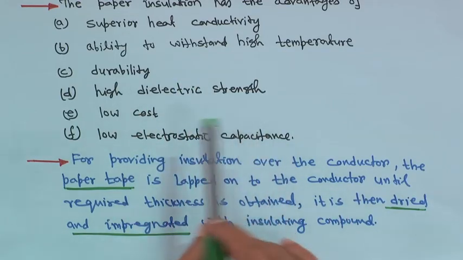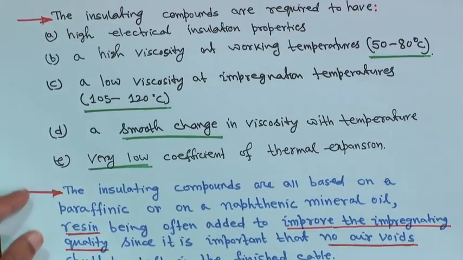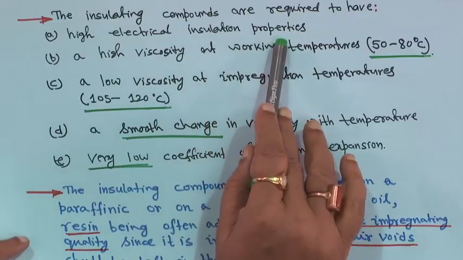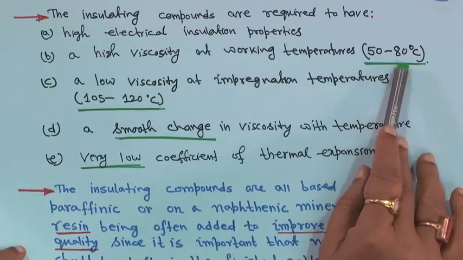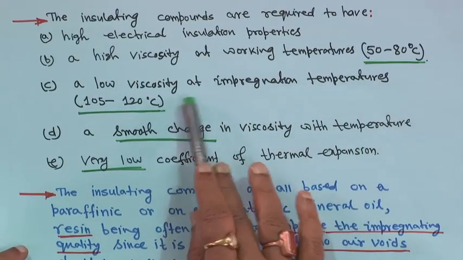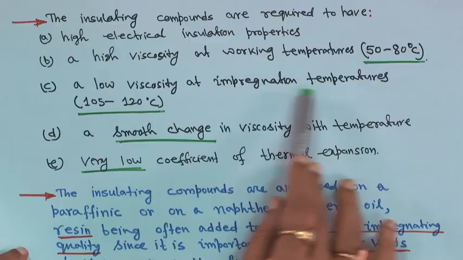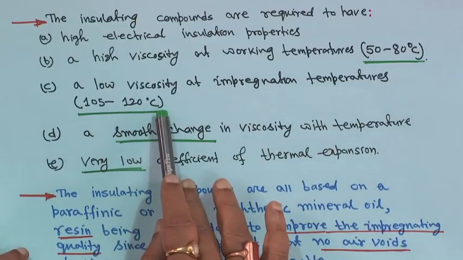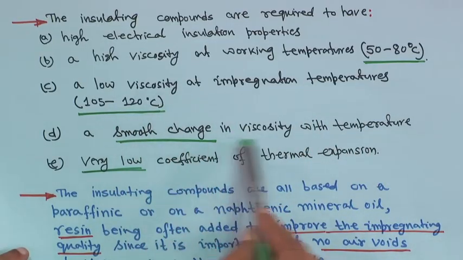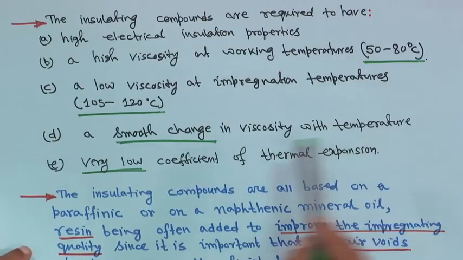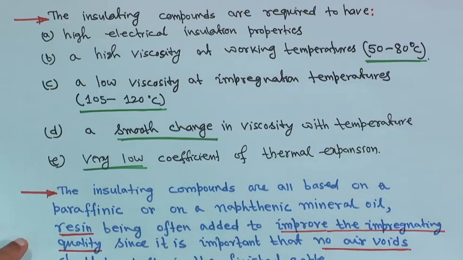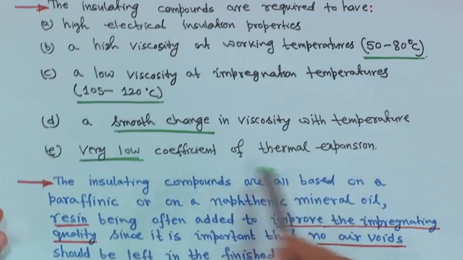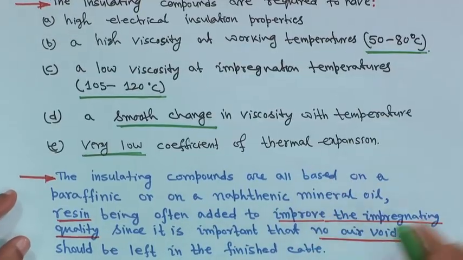The insulating compounds are required to have high insulation properties, a high viscosity at working temperature, say 50 to 80 degrees Celsius normally, a low viscosity at impregnation temperatures, that is 105 to 120 degrees Celsius, a smooth change in viscosity with temperature, and a very low coefficient of thermal expansion.